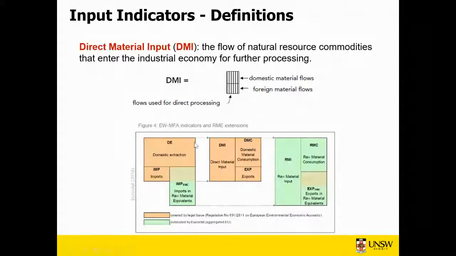So it's basically the materials that this national economy actually uses. So this is what direct material input means. Basically it's the sum of what we call the domestic material flow with the foreign material flow, which are used for direct processing in the economy. Okay?